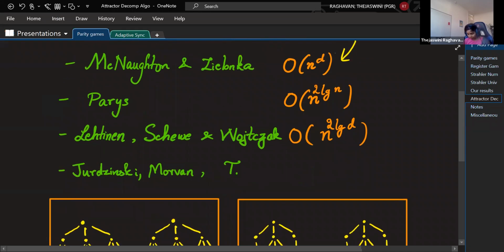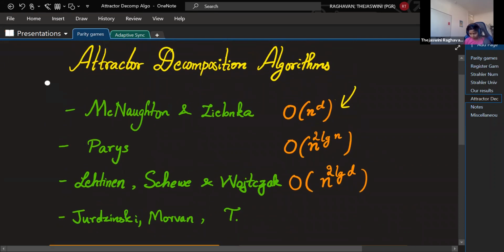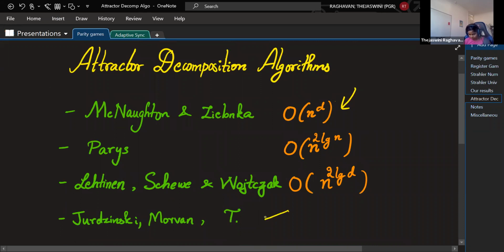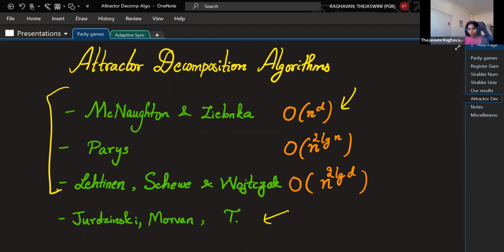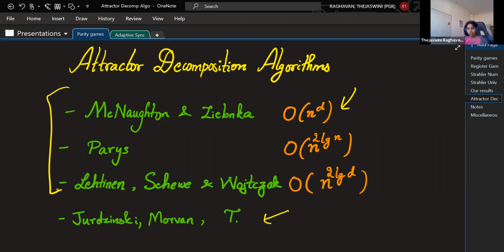In a recent work which we've just submitted, we talk about an attractor decomposition algorithm, which uses universal trees as input. You can tweak these universal trees to contain smaller trees, and also solve something called nested fixed point equations, which I will not go into detail, somehow inspired by attractor computation.